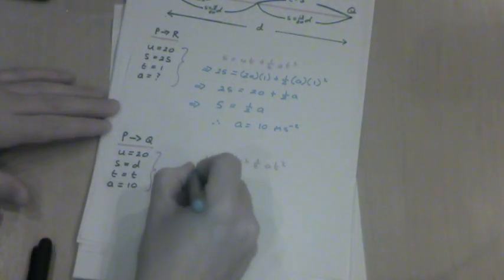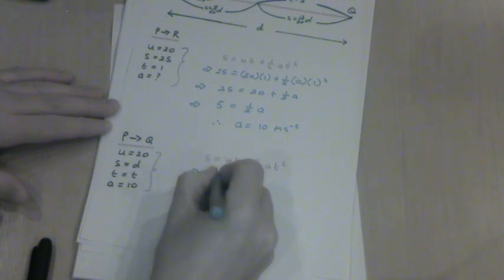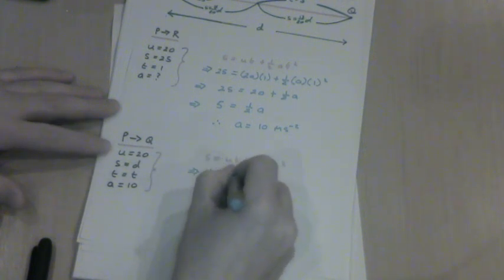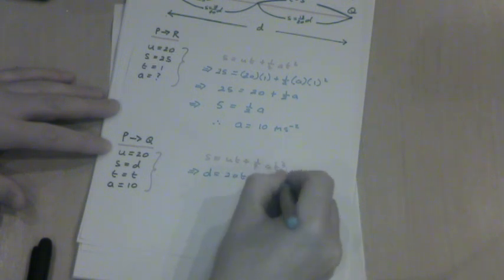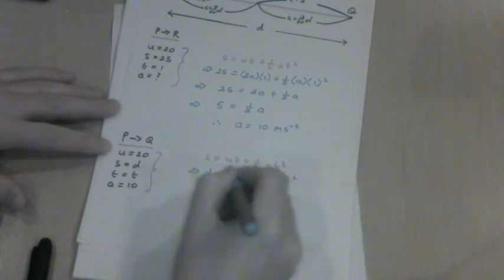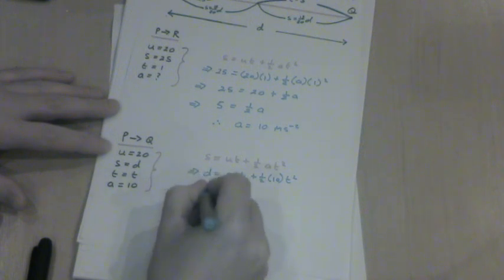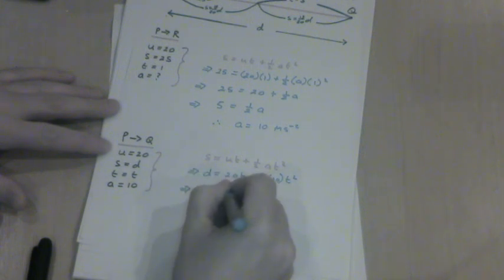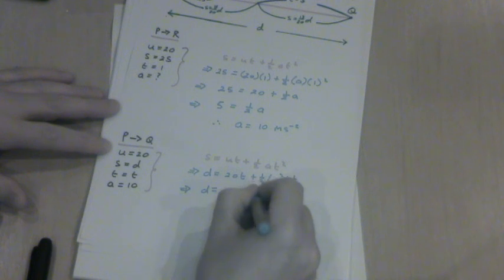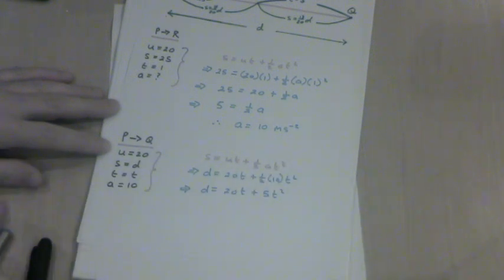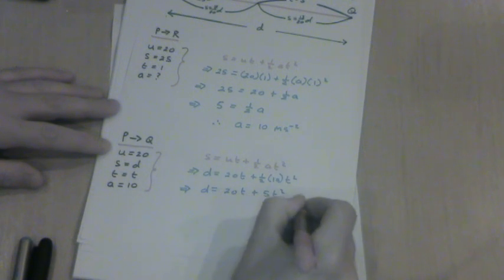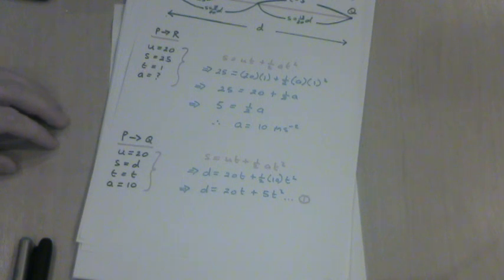So d equals 20 times t plus a half times 10 times t squared, which implies d equals 20t plus 5t squared. We'll label this equation number 1, and we'll come back to this at a later stage.